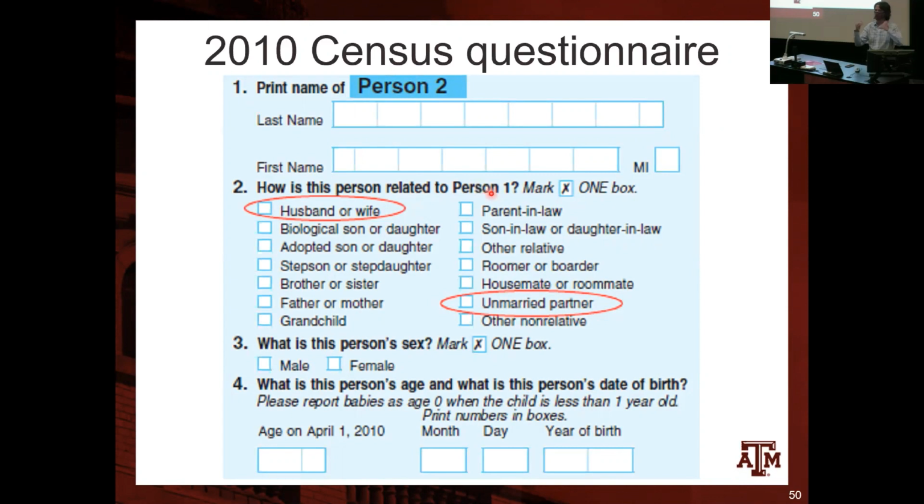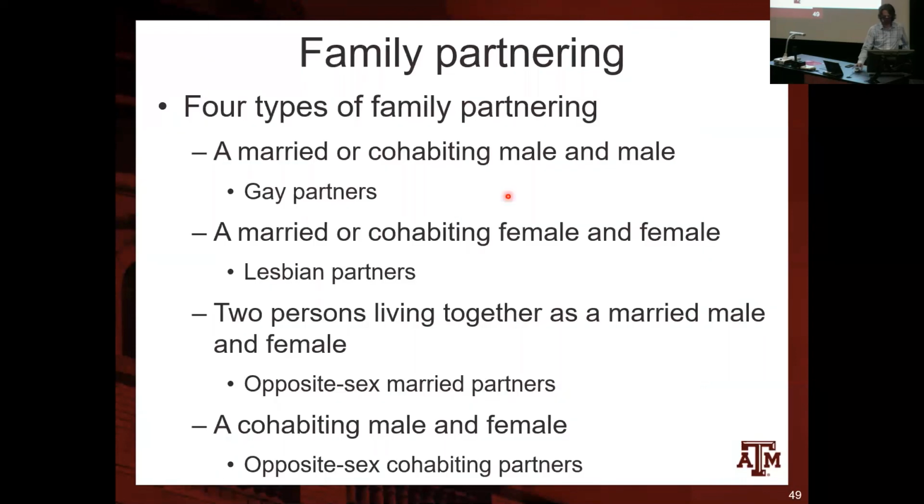So is person 2 a husband or wife, or the unmarried partner of person 1? If person 1 is a male, and person 2 is a female, and person 2 says that she's a wife of person 1, then that household is going to be classified here as opposite sex married partners.